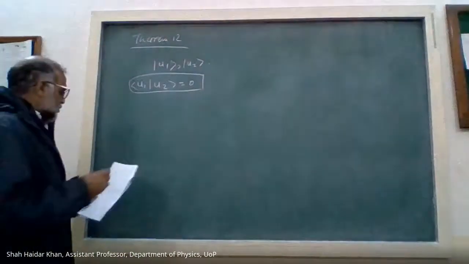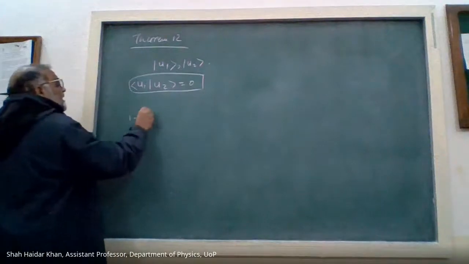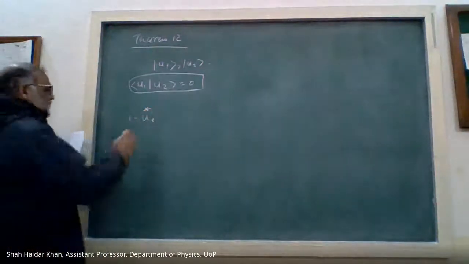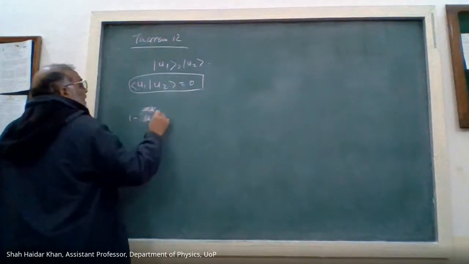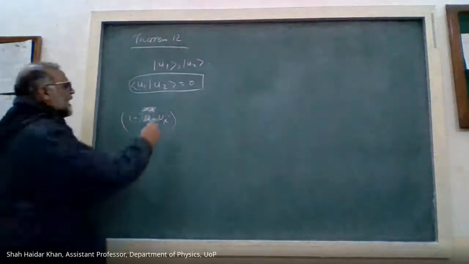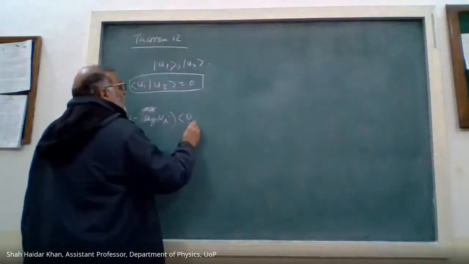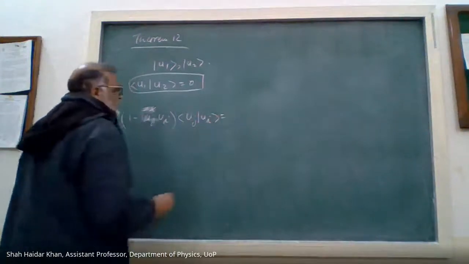Our last equation was 1 minus u_j star u_i, and u_j and u_i, this was equal to 0.